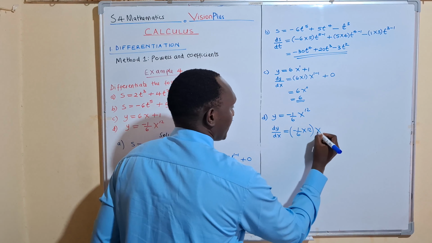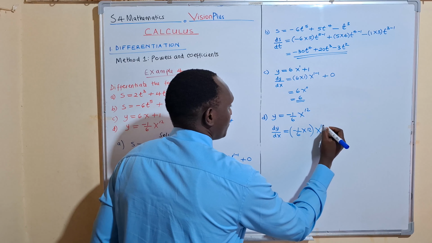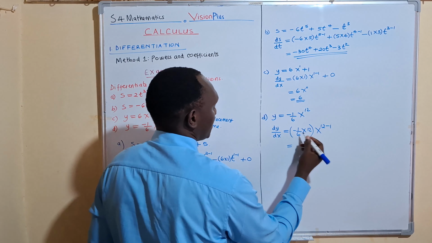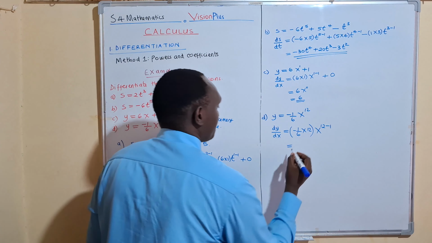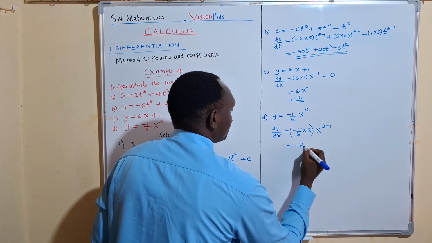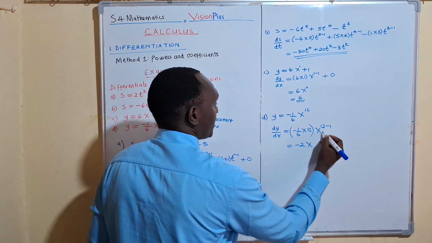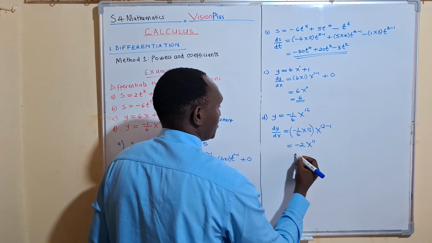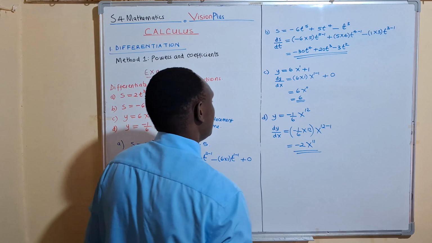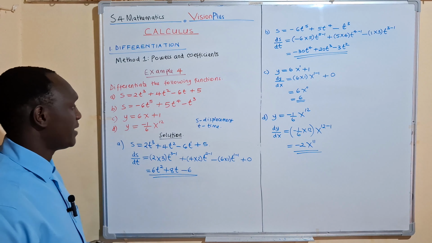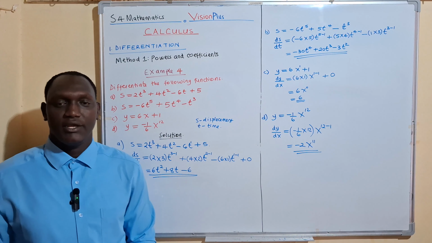Then x, with a new power, which is the old power minus 1. Negative 1 over 6 times 12 is simply negative 2. X, what is the new power here? 11. So this is the derivative of the function y in part D, and this marks the end of example 4.